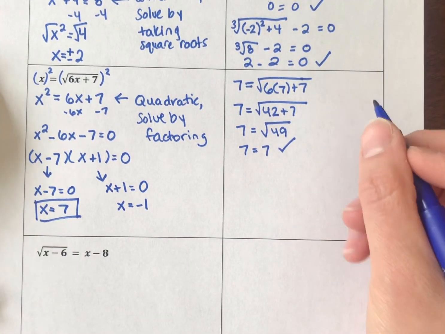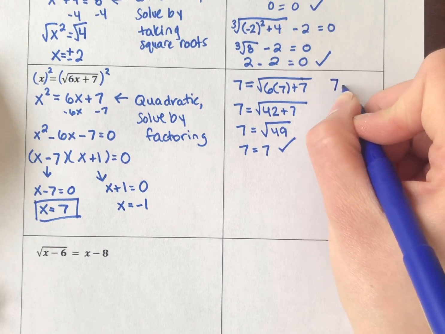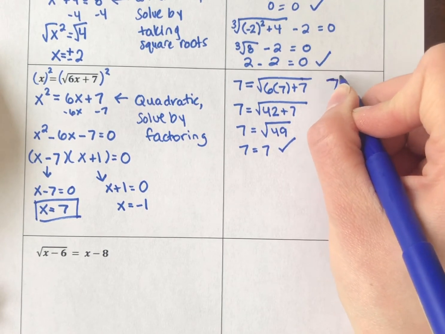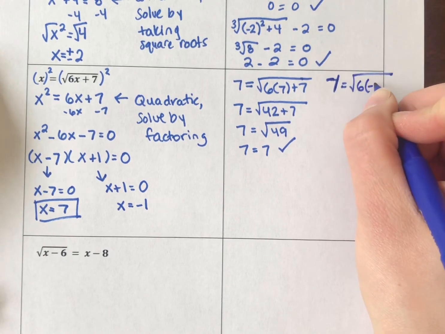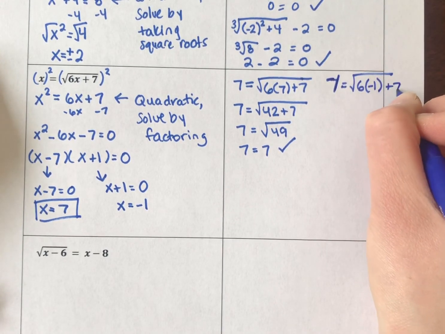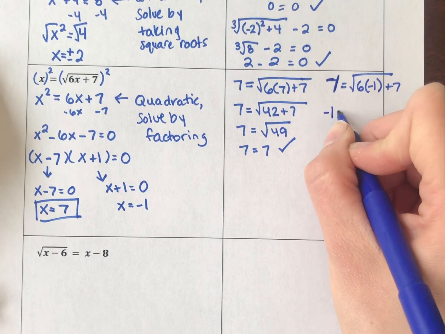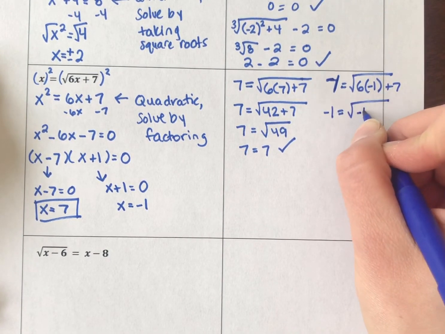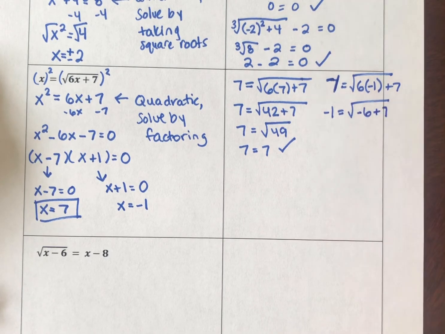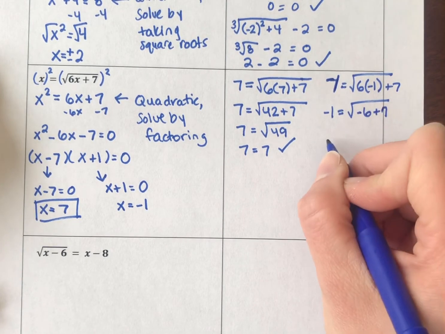So now we want to check negative 1. Negative 1 equals the square root of 6 times negative 1 plus 7. So does negative 1 equal the square root of 6 times negative 1, which is negative 6, plus 7? Negative 6 plus 7 is 1.